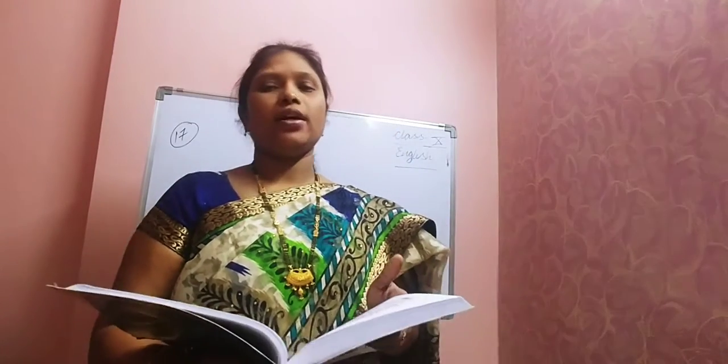So here we need to combine these two sentences by using the linker called despite. That means you are making it into one sentence. So, despite the heavy rain in the afternoon, comma, the basketball match was held on time. That's it.